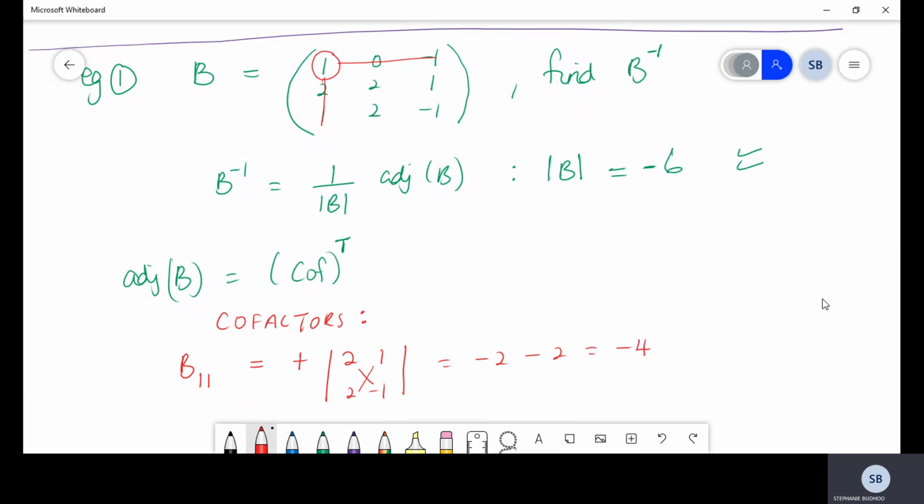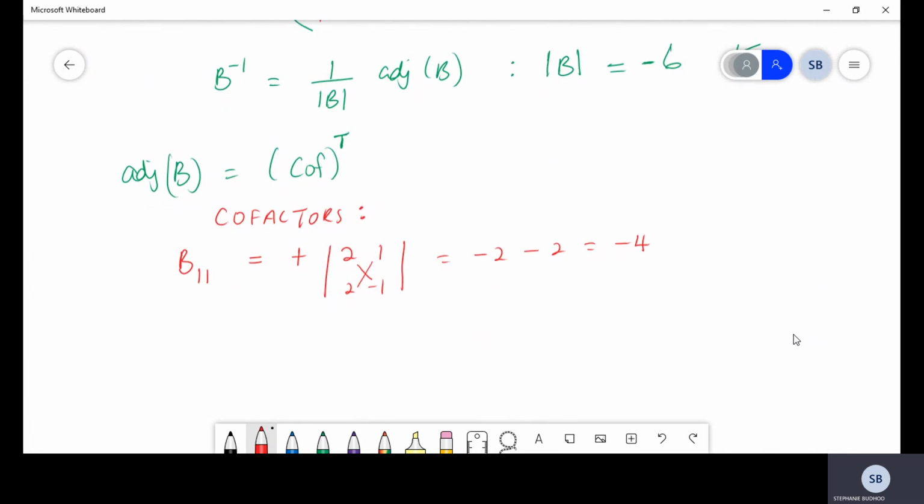That gives us -4. And what you're going to do is find all the cofactors using this process for the entire matrix.